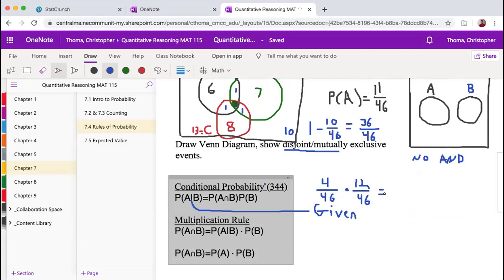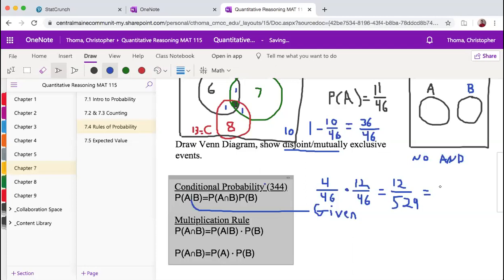Which will give me... I probably could simplify it, but I'm being lazy. Doesn't really simplify real nice, actually. So it does simplify: 12 over 529 is the fraction. If I just want to put it in decimal form, well, it's very small.